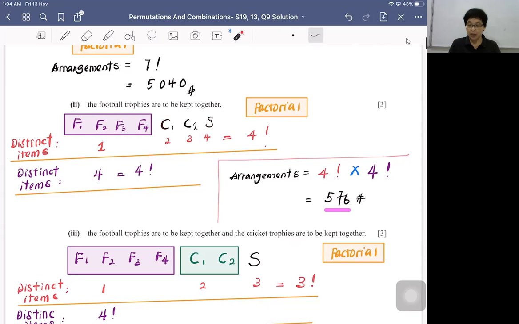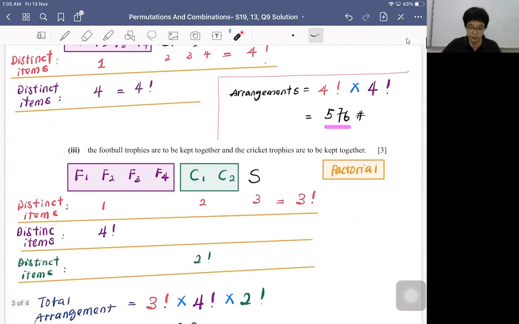The next thing is help from your calculator. Key in 4 factorial multiplied by 4 factorial, and comfortably you get 576 different arrangements Jack can have.